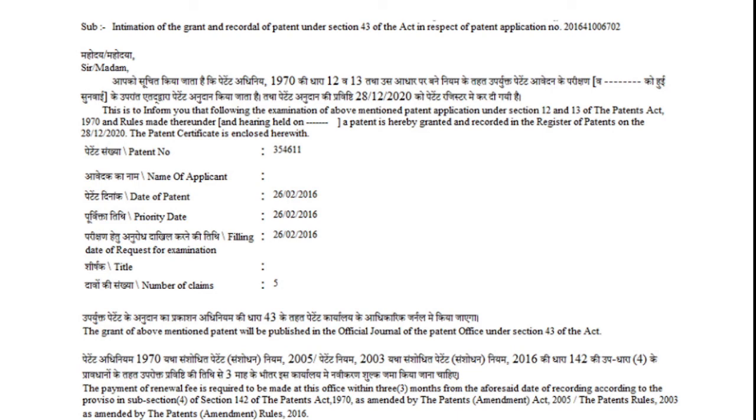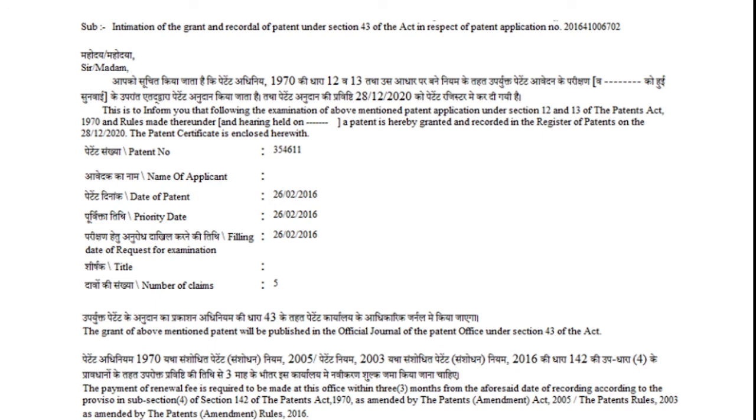That letter is named intimation of the grant and the recordal of patent under section 43 of the Act in respect of patent application number as per your number. Likewise, they intimate you in that prescribed form, giving the details with the patent number, name of the applicant, date of patent, priority date, and number of claims that you wrote with your application.